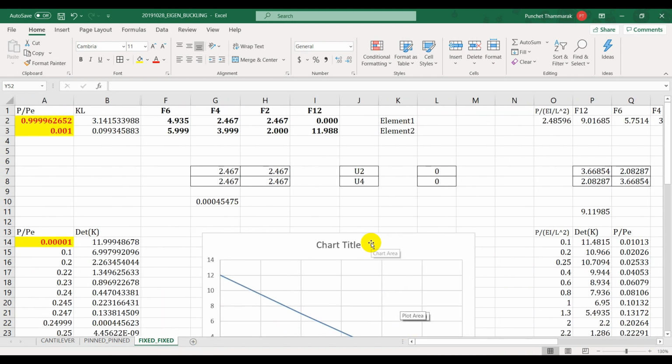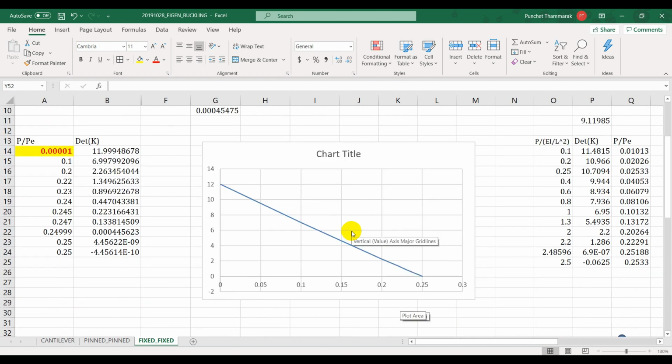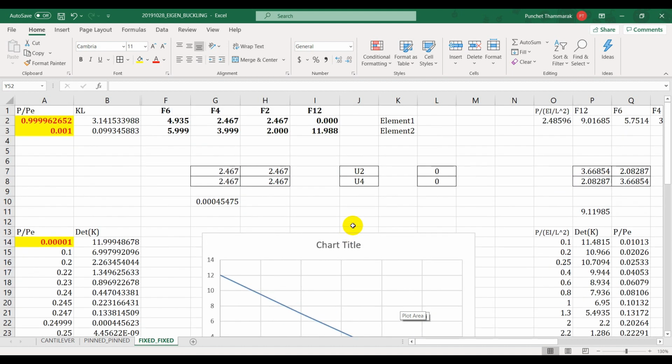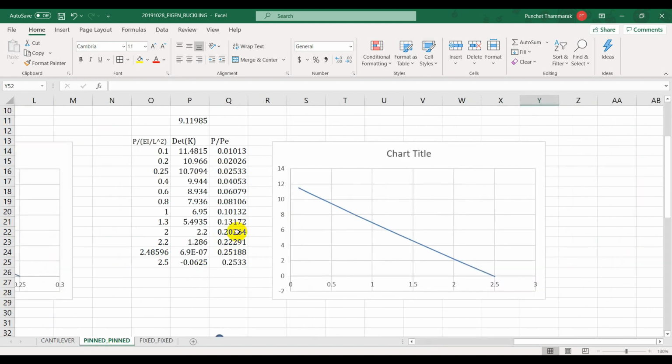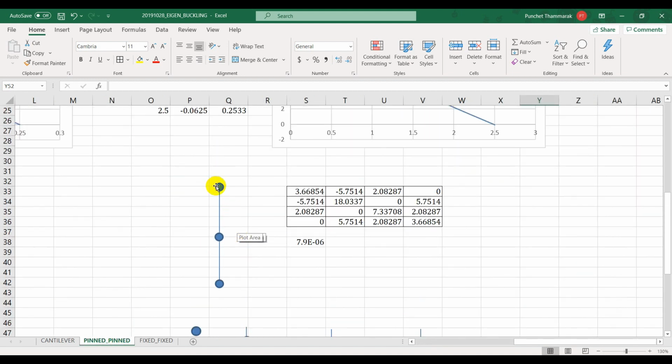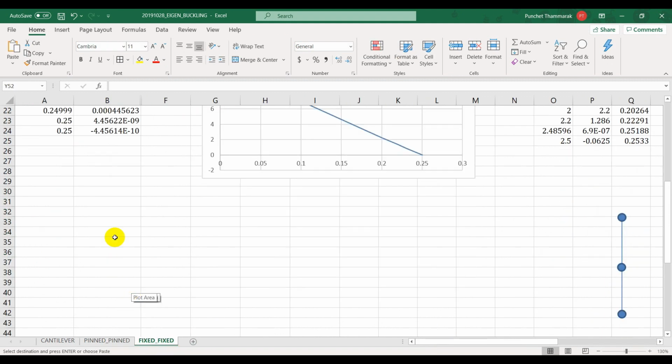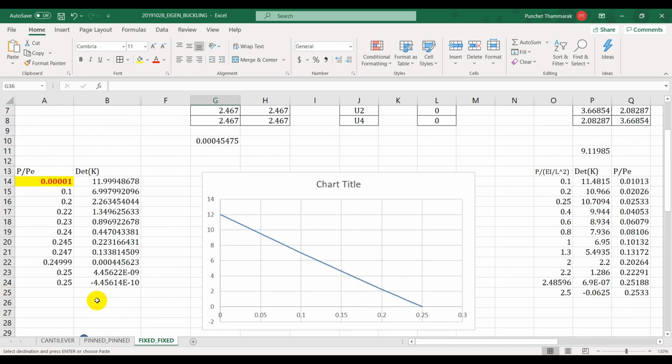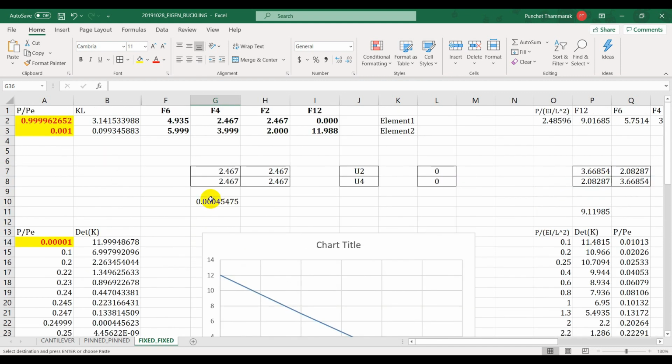For fix and fix, we need to discretize at the middle. So I take the picture from here. You don't have degree of freedom at the top, you have only degree of freedom at the middle. Bottom is also locked for a fix. Then 2 degrees of freedom.